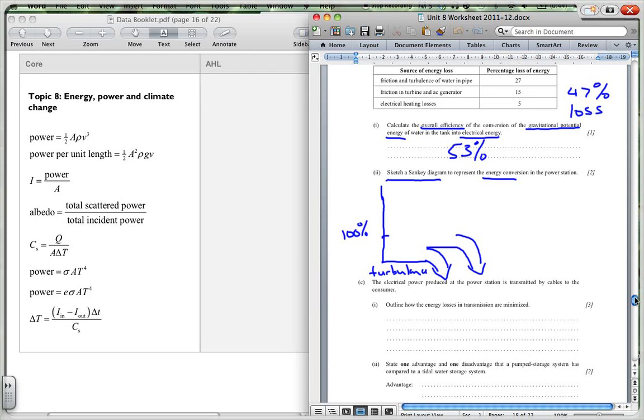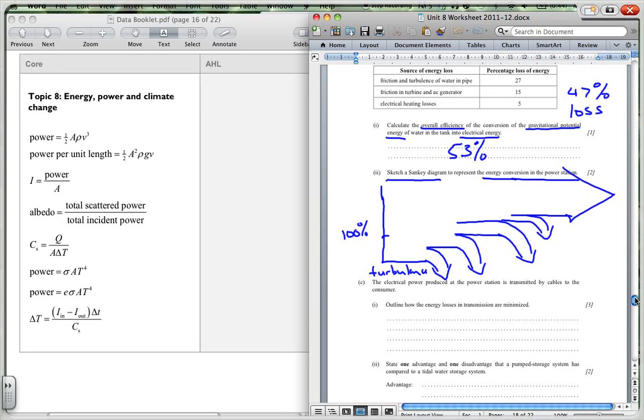Then we get our friction in the turbine and in the AC, that's 15%, so that goes along like that. And we get this coming off here, so it's a further 15% coming off there, something like that. And we get 5% coming off over here, and that will be a very small value. And so this would be my total end output there.